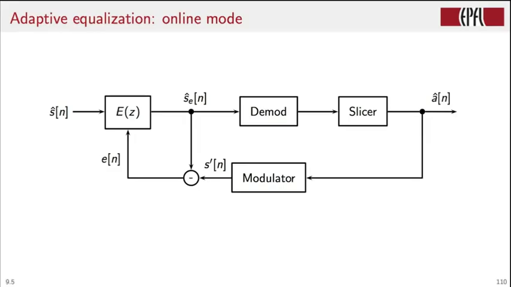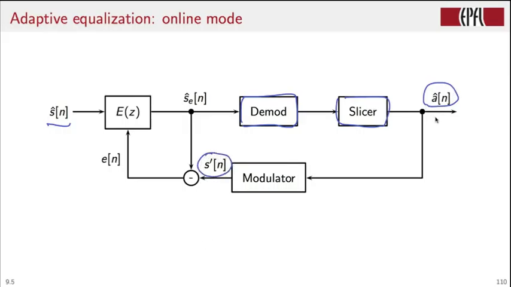At that moment, the receiver will switch strategy and implement a data-driven adaptation. The thing works like this. The received signal gets equalized, gets demodulated, and then the slicer will recover the sequence of transmitted symbols. Since the receiver has a copy of the transmitter inside of itself, it can use the sequence of transmitted symbols to build a local copy of the transmitted signal.